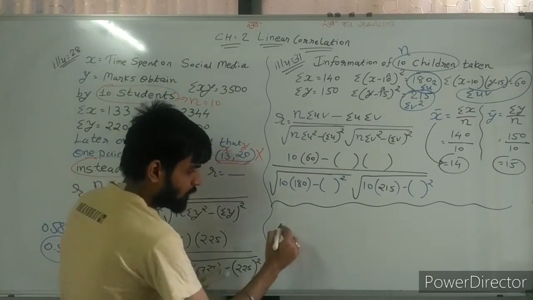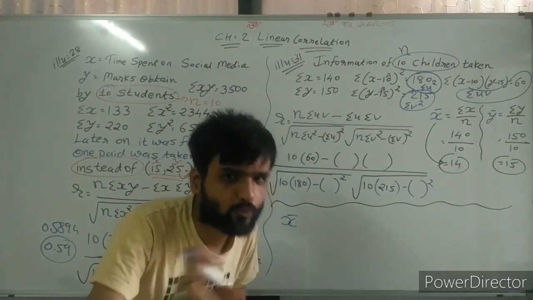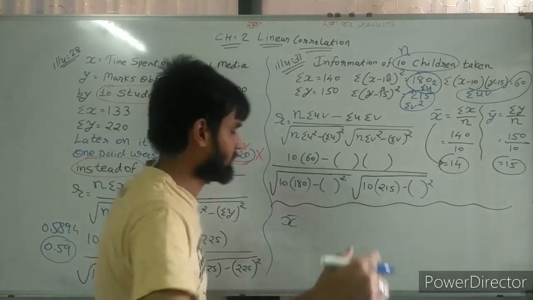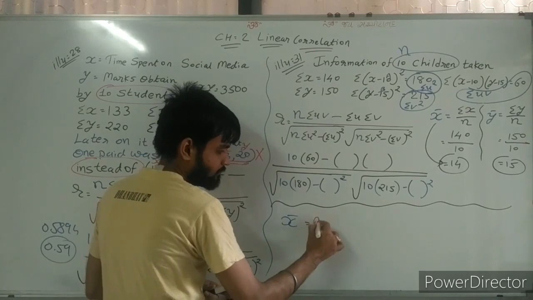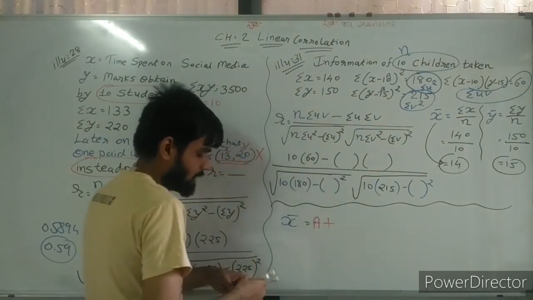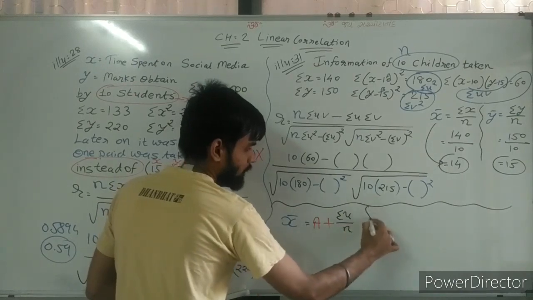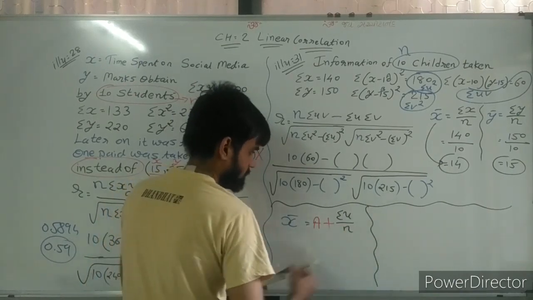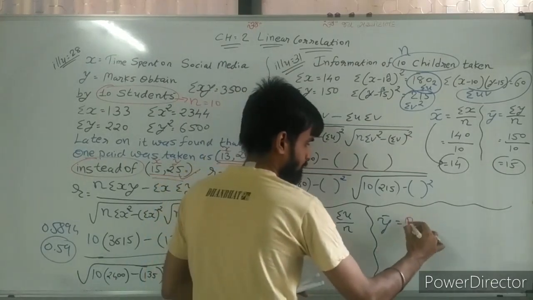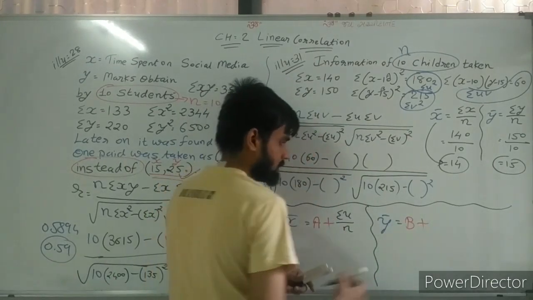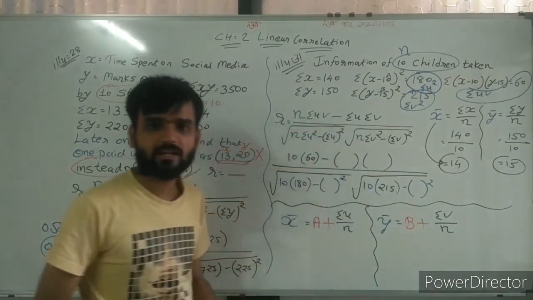Now, the formula of x bar we know is sigma x upon n. Next formula: x bar is equal to a plus sigma u upon n. Y bar is equal to b plus sigma v upon n.